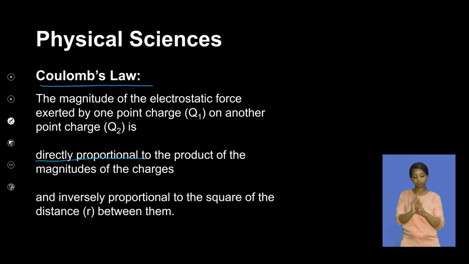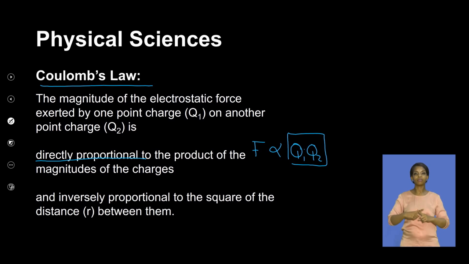So we are saying F, which is the electrostatic force, is directly proportional to Q1 Q2. This is what we mean when we talk about the product. The product is the multiplication of the magnitudes of the two charges involved, while at the same time it is inversely proportional to the square of the distance.